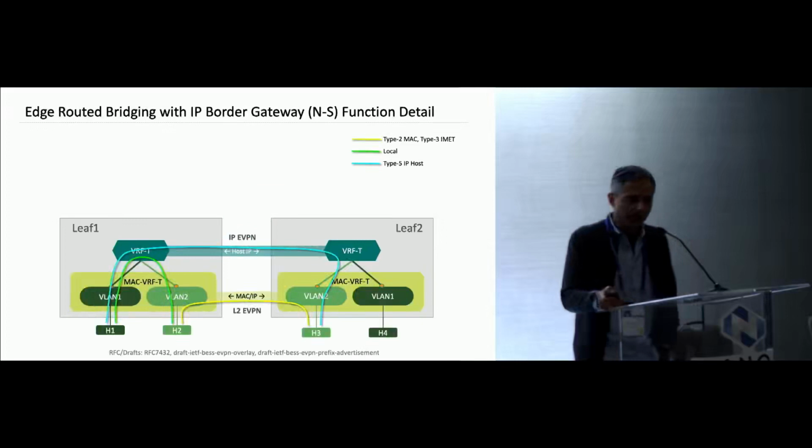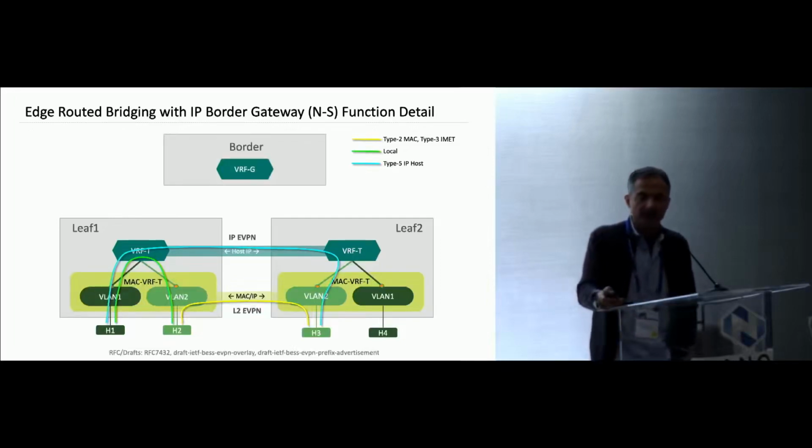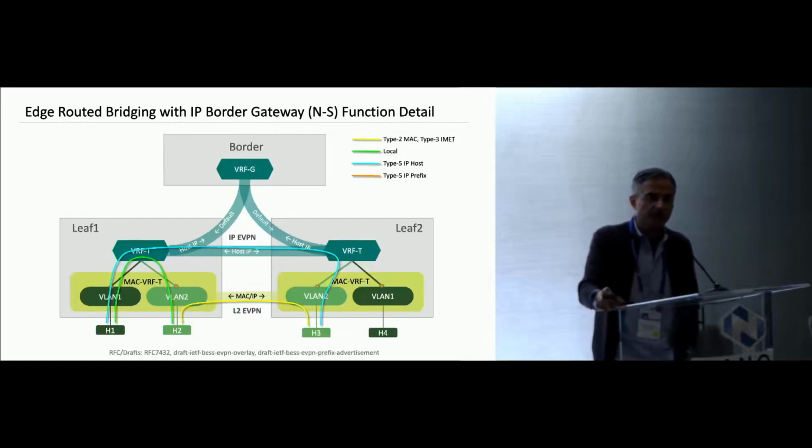Okay, so here's a case where we have a need to connect this edge routed bridging tenant to the external world. We add our border gateway with VRFG, add a hub and spoke VPN between VRFG and the tenant VRFs, advertise down the default from the VRFG to the tenant and advertise up the host routes.